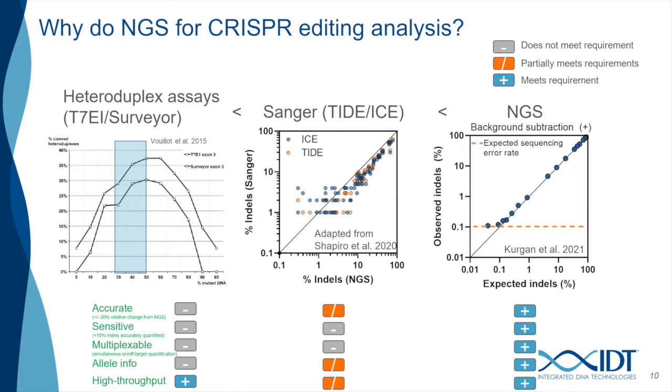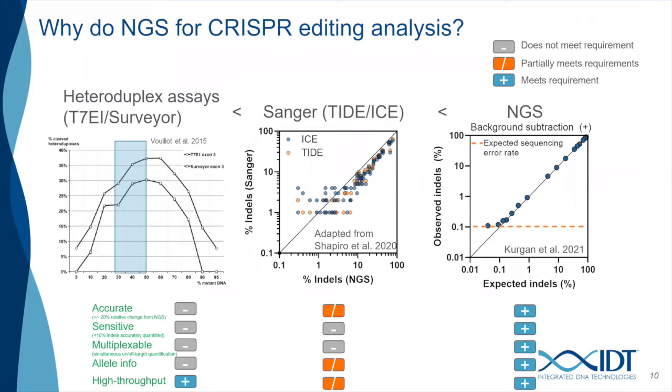Additionally, the second panel compares data adapted from the Shapiro et al. publication in 2020, looking at Sanger editing, just on-target editing, using either ICE or TIDE analysis compared to NGS. While assessing your editing by a Sanger methodology is also high throughput and can get you more information, it also doesn't allow for multiplexing, and it's not as sensitive.